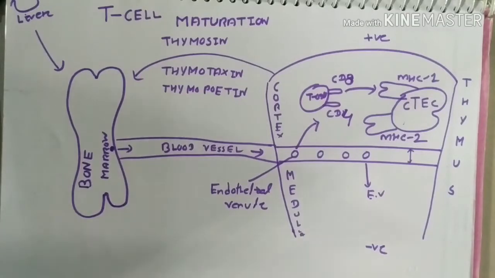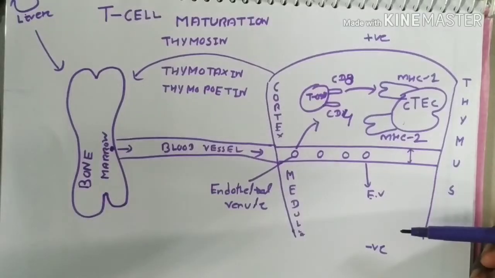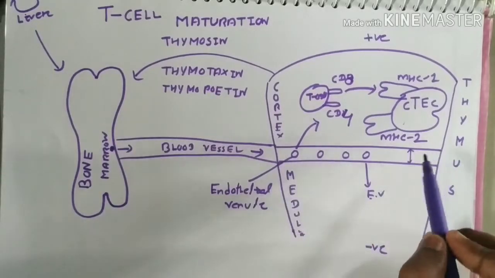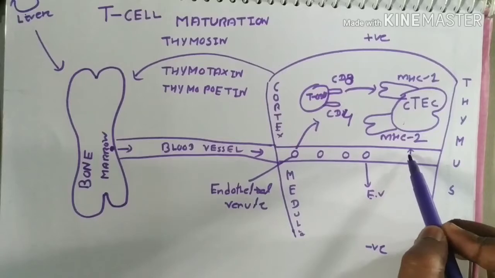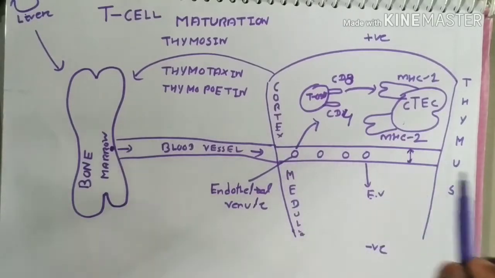corticomedullary junction. The thymus has an upper portion known as the cortex and a lower portion known as the medulla, and the layer in between is known as the corticomedullary junction, in which the blood vessels pass as endothelial venules.